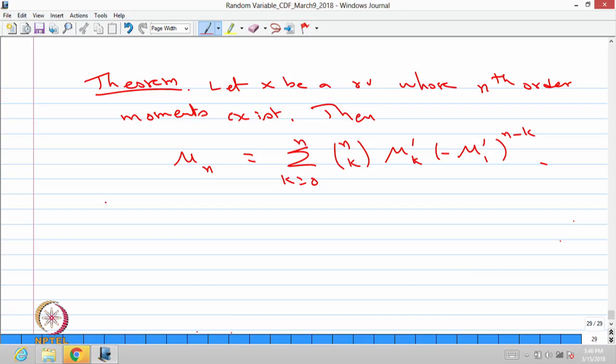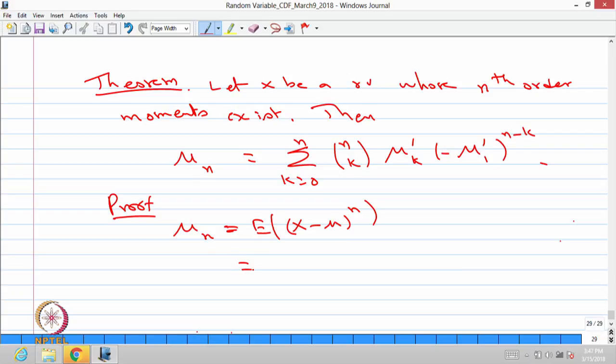The proof is as follows. You start with mu suffix n, that is nothing but nth order moment about the mean, that is x minus mu power n.